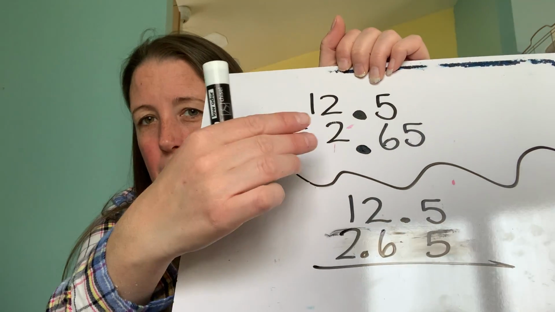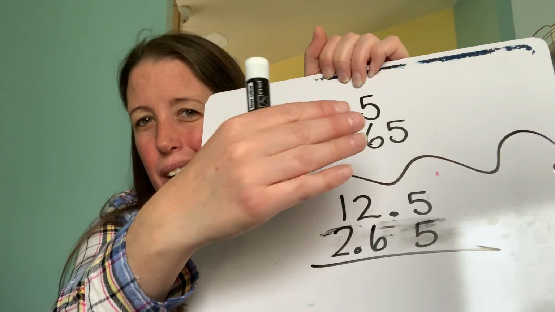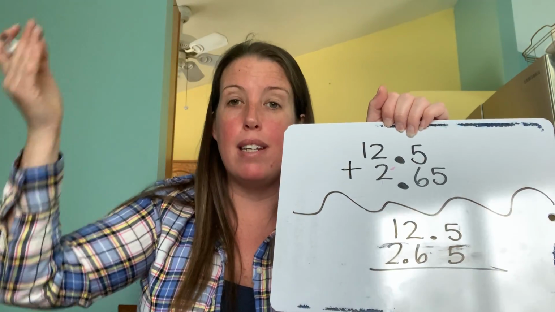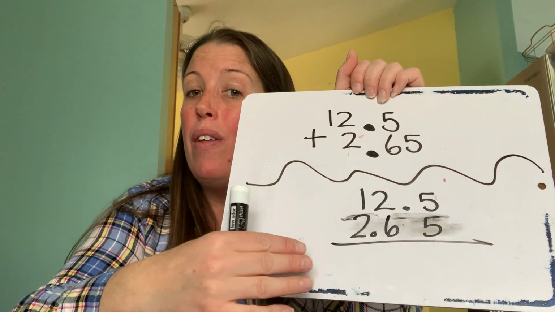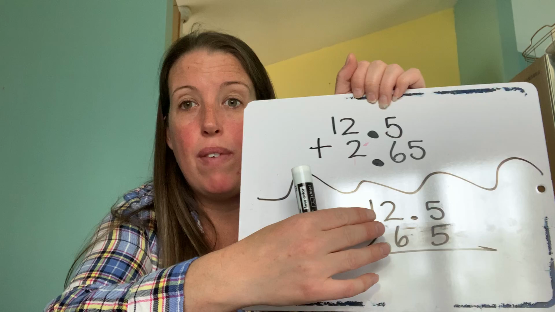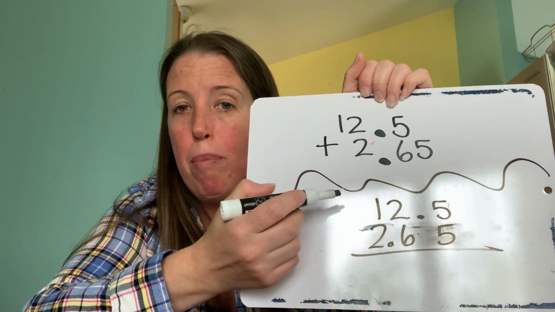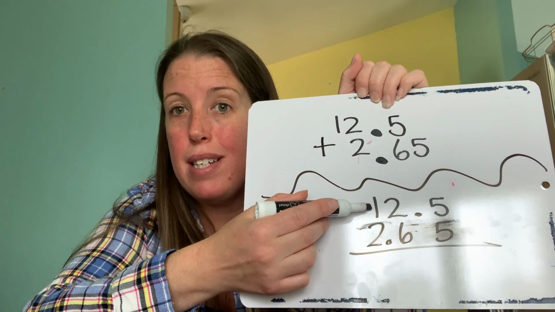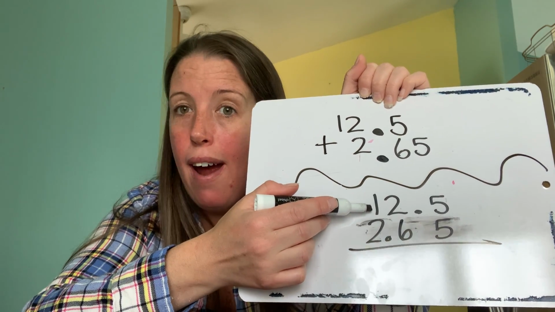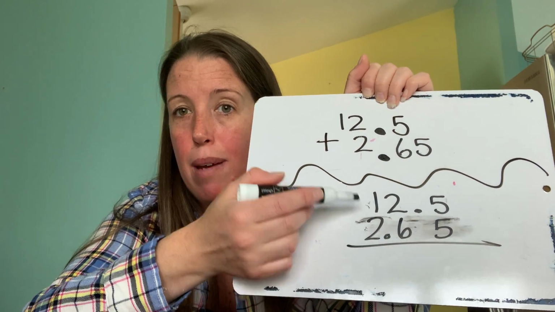Now, if you can see here, my numbers are a little shifted. And to us, that kind of feels weird because we like things to be nice and neat and in order. Although this looks nice and neat and orderly, these place values are not in the correct spot because this one here represents tens and this represents ones. So we can't add tens to ones in the same column.